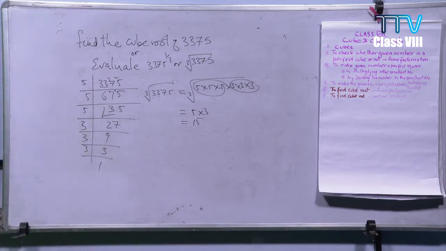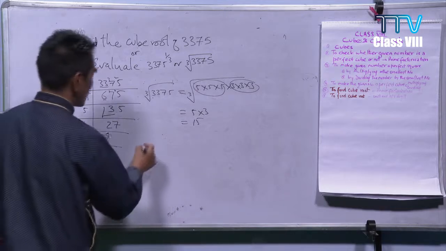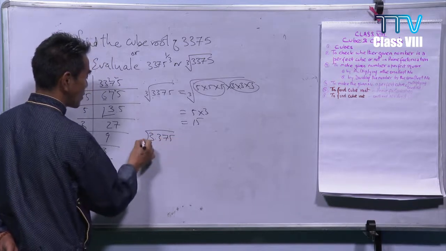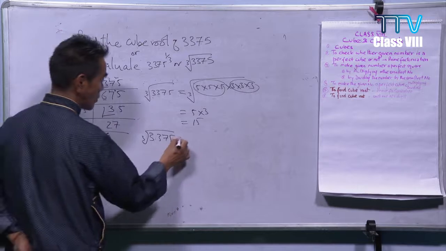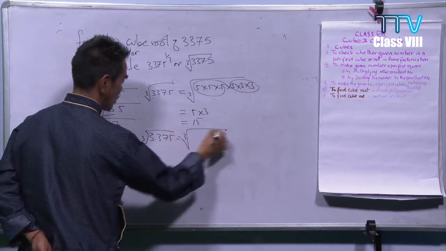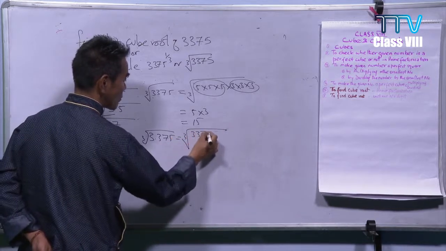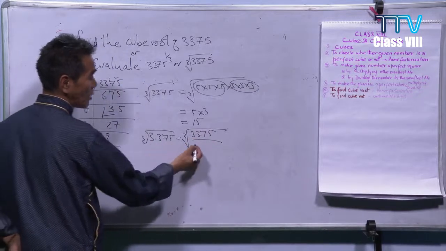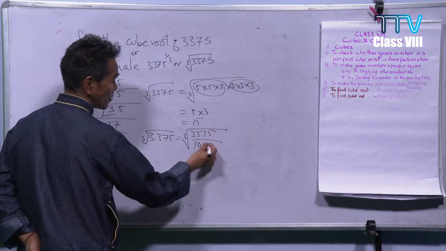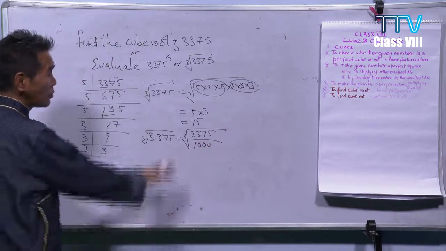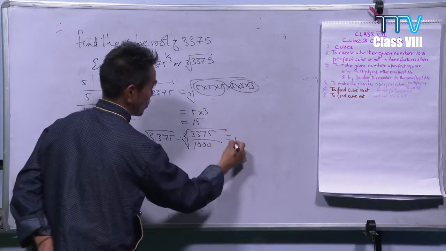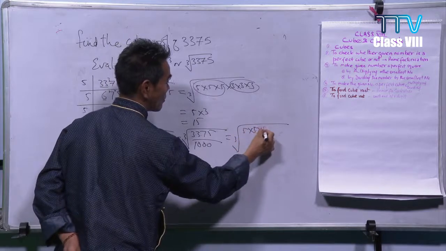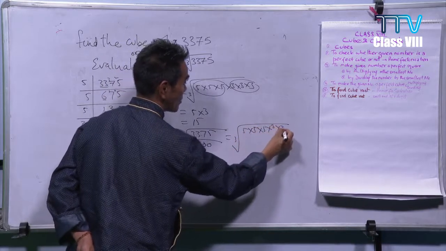Now the question with the decimal point: find the cube root of 3.375. This is the cube root of 3375 over 1000. The decimal point has three digits after it, so you write 1, 2, 3 zeros. The numerator's prime factors in the cube root are 5 multiplied by 5 multiplied by 5 multiplied by 3 multiplied by 3 multiplied by 3.